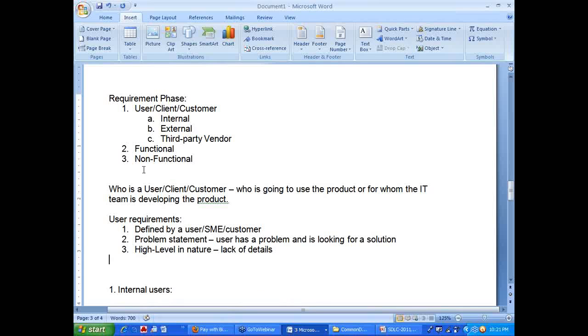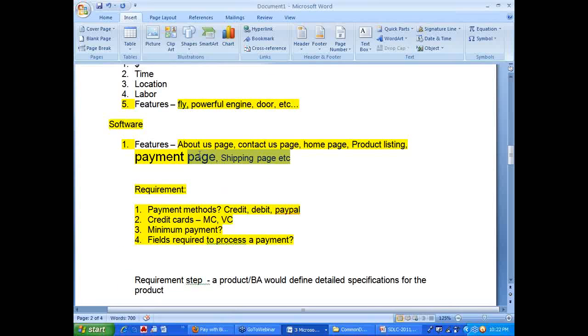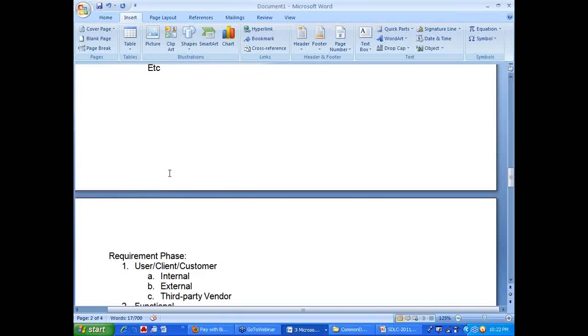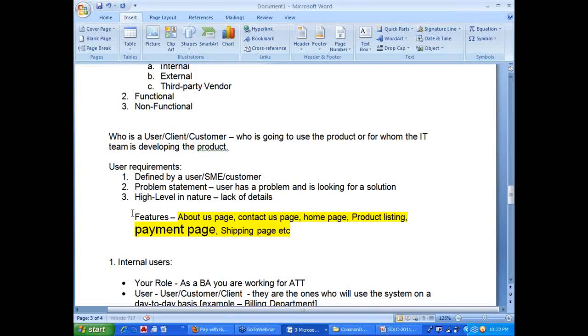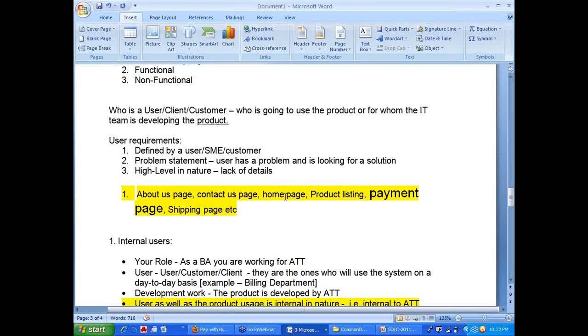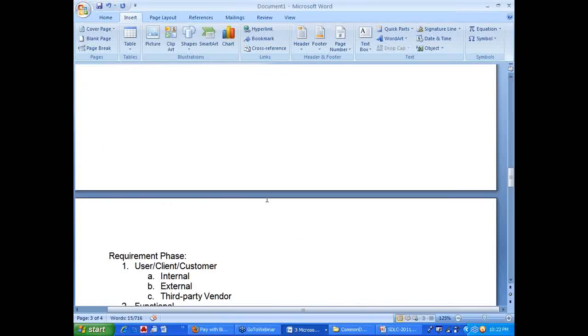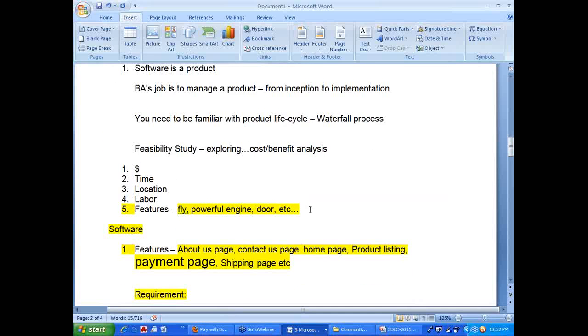I can give you several examples. Suppose you own a business and you want a website for your business. You will probably give a 5-minute overview at best, maybe some more details in a professional document. We also talked about a flying car.